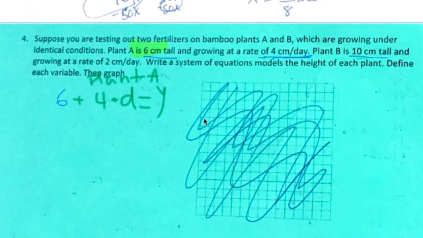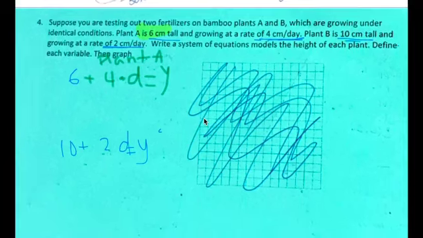Plant B starts out at 10 centimeters tall and goes at a rate of 2 centimeters per day. Starts out 10, going at 2 centimeters per day, equals y.